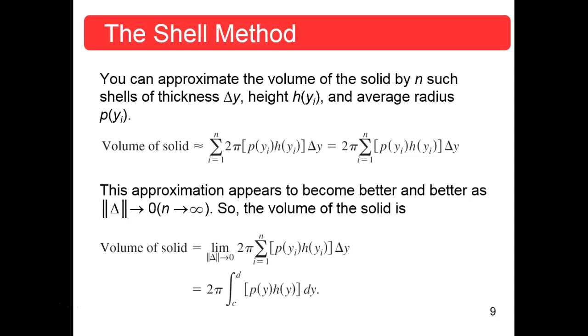The volume of the solid then goes from the limit of those things to an integral. 2 pi times the integral from doing your y's, so from c to d, whatever that range is, your radius function times your height function times your thickness.